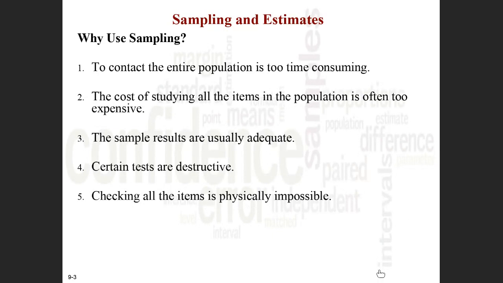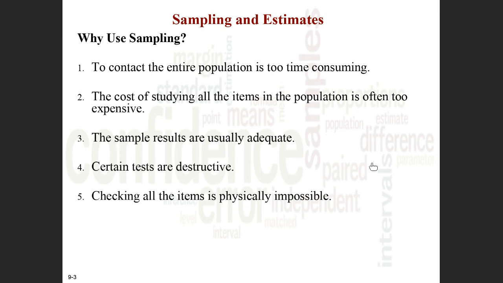Okay, so why do we use sampling? Well, we talked about it previously in chapter 7. To contact the entire population is too time consuming. However, if everybody could access a computer, technically you certainly could get close to the entire population.